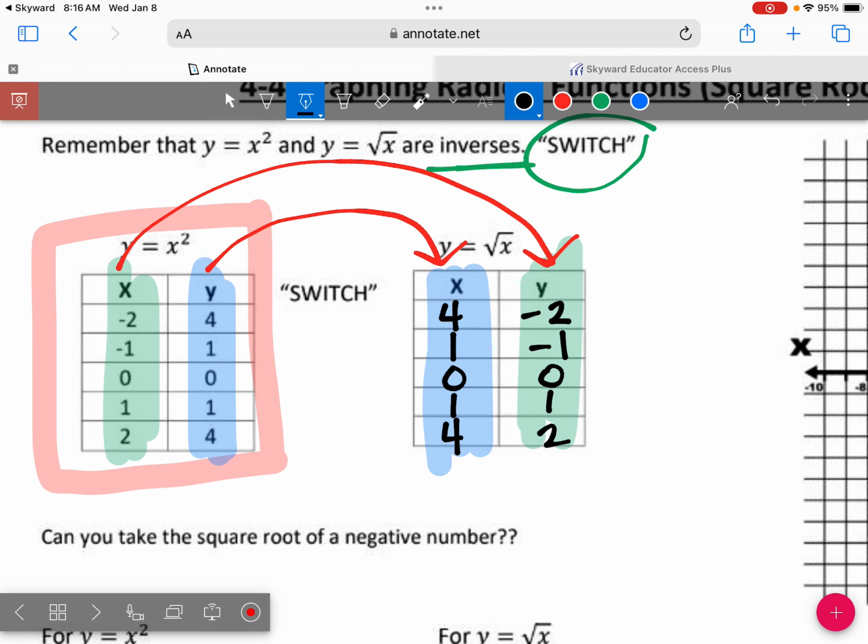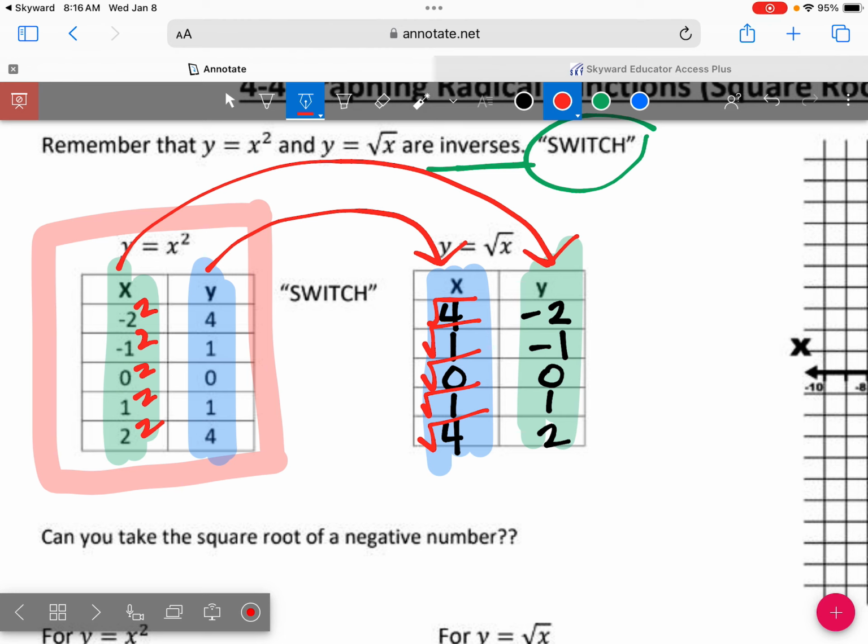Now remember, everything in this column, all of your X values, we're really taking the square root of. That's the operation we're doing here. In this one, we were squaring them. That's y squared. But now in the second one, we're taking the square root.